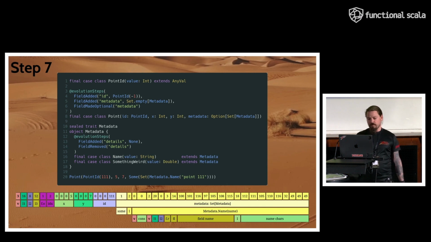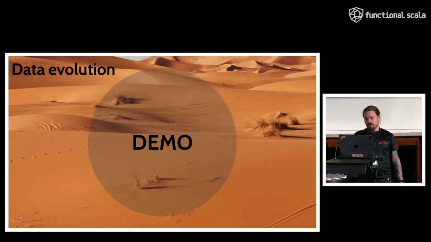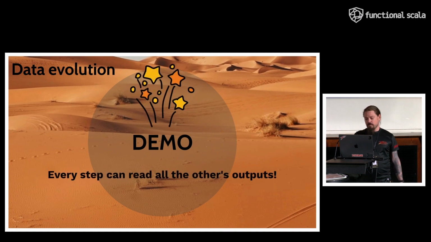But it has to be recorded as well as an evolution step. So that was the demo, and the main point is that the code in every step that I showed can read any other step's binary representation in both directions.